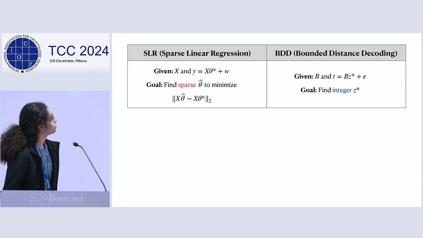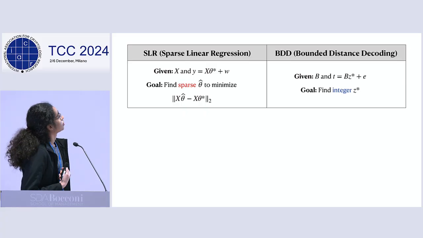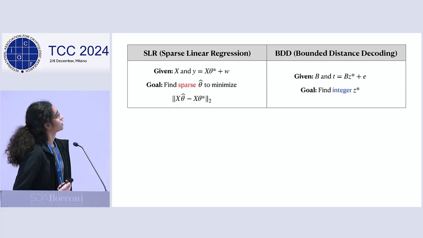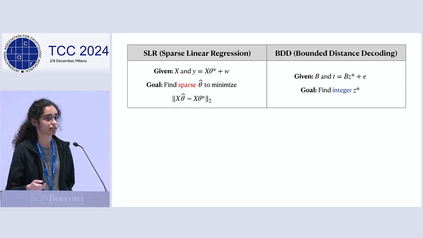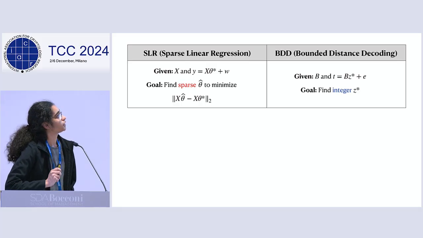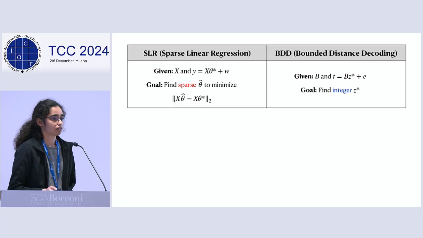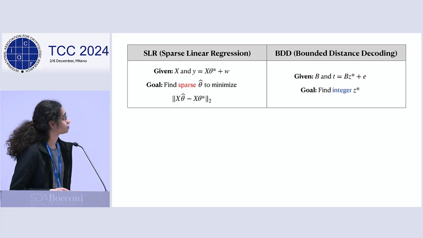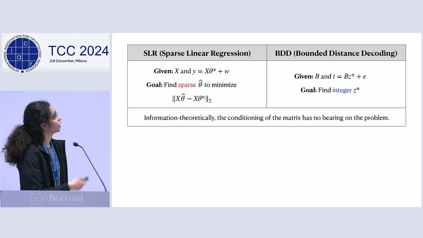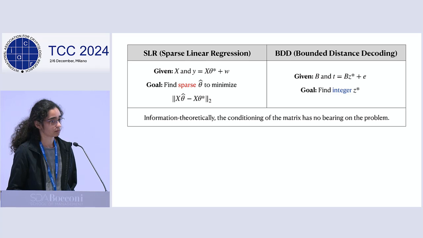Okay, so to recap, SLR and BDD sound very similar. The difference is that with SLR, you're given X and Y, and you want to find a sparse solution theta hat. And with BDD, you want to find an integral vector Z. In both problems, information theoretically, the conditioning of the matrix X or B has no bearing on the problem.